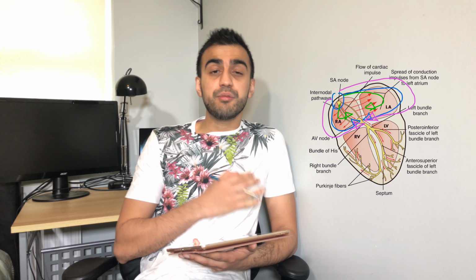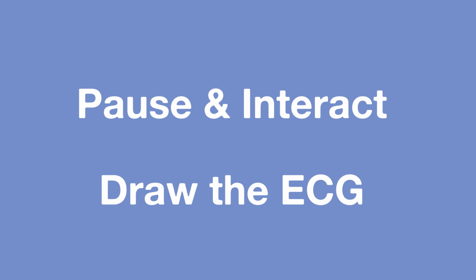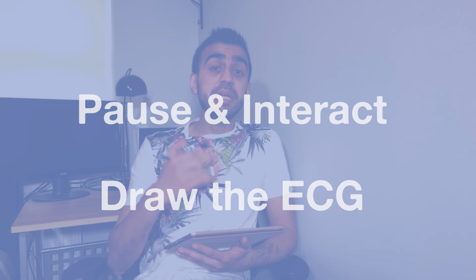So if you go back to first degree heart block, if it's taking time for that impulse to pass through the AV node, it's going to represent itself as a, I'm not going to give you the answer, so I'm going to give you a second to think about it. But it's going to present itself as a PR prolongation. So every time that conduction cycle takes a little bit longer, that PR interval is going to prolong.